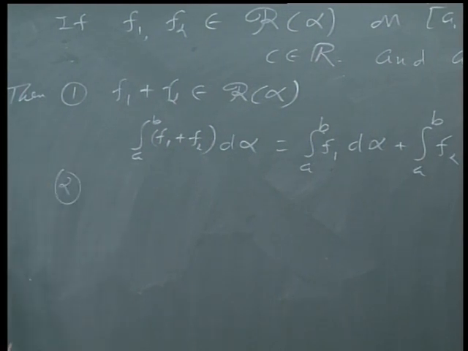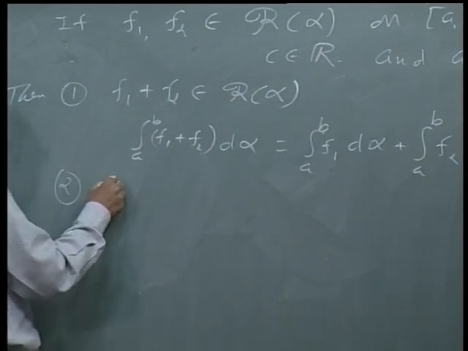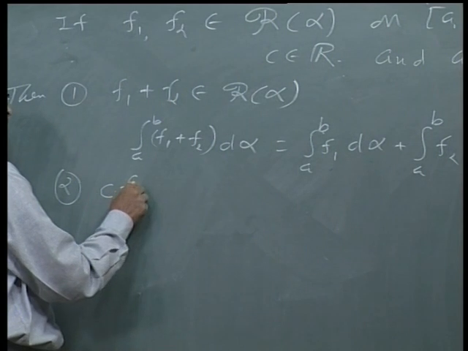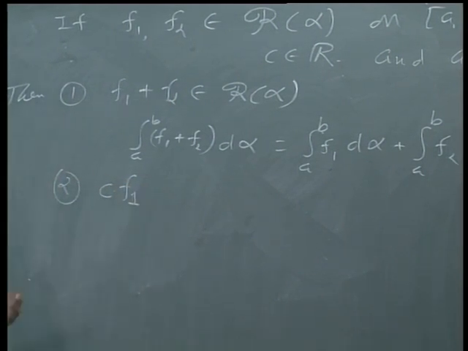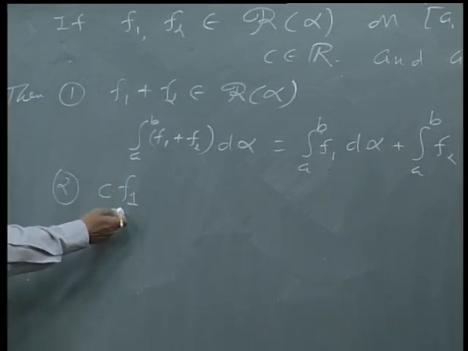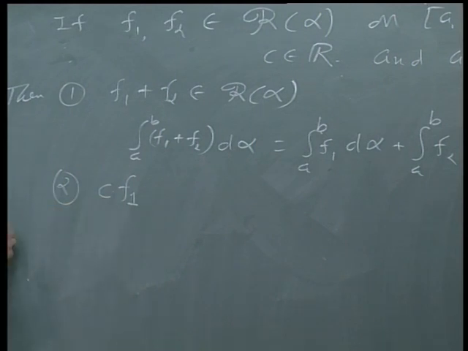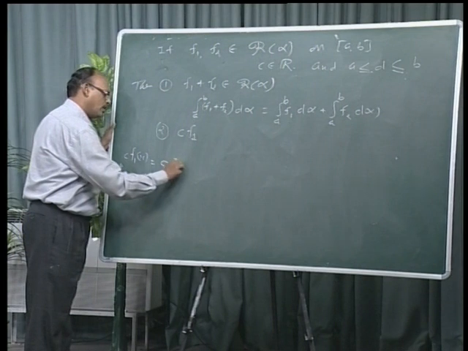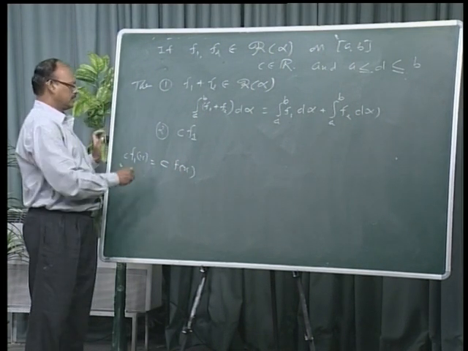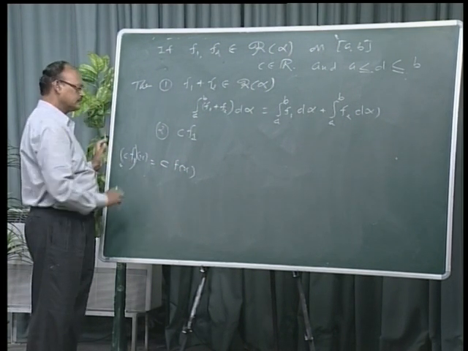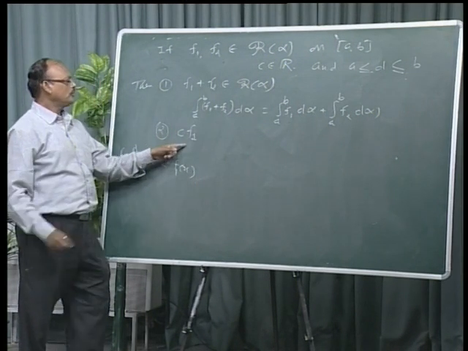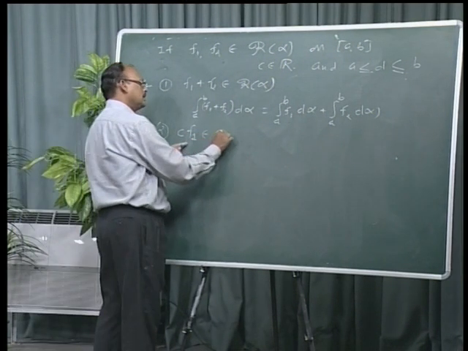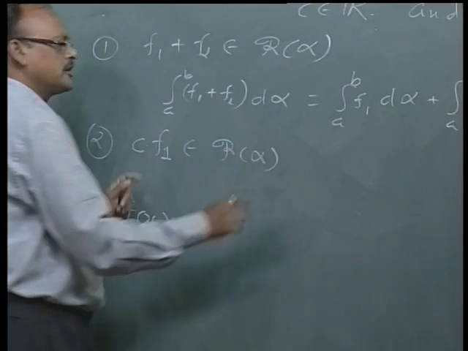In a similar way, c multiplying f1, a constant multiplied with f1, is defined pointwise as c times f of x, and that is also Riemann-Stieltjes integrable.